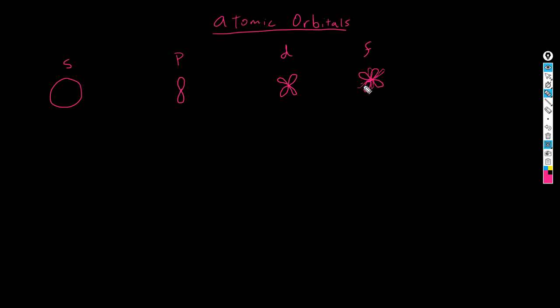But we're not going to talk too much about the F orbitals since it does not participate in bonding. The ones we want to focus on are going to be the sp orbitals and a little bit on the d orbital, which participates in expanded octets.